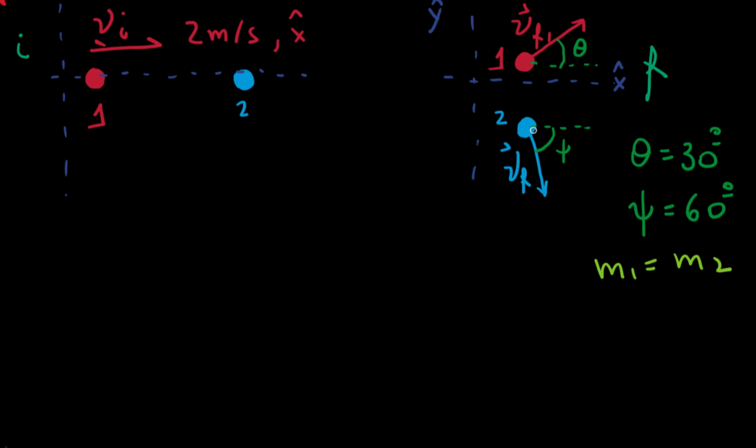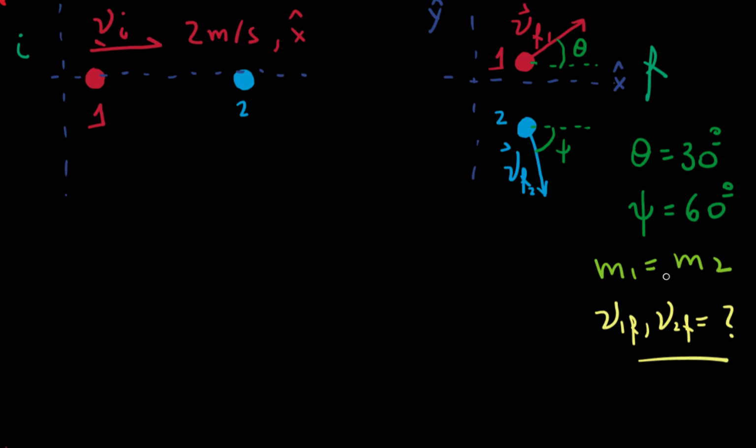Now ball 2 has a velocity 2 final that is 60 degrees below the x direction, and that's why I wrote it right there. With this information and conservation of momentum, you ought to be able to tell me what the velocity of object 1 final is and what the velocity of object 2 final is. And that's what we're going to do.